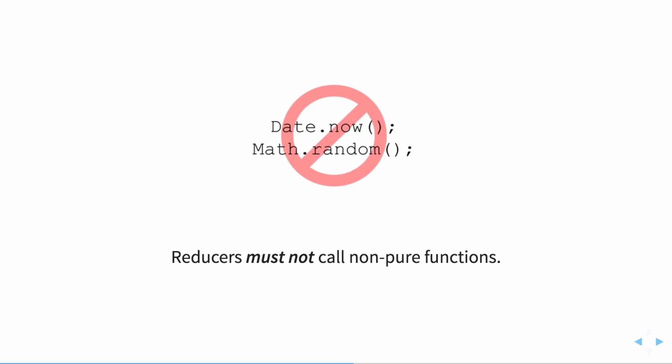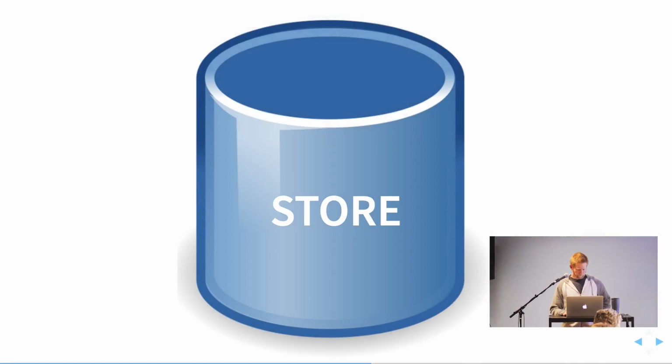But it's important because, again, the purpose of using this architecture is predictability, and side effects are unpredictable. So we keep all of our side effects outside of the reducers, and we'll come back to that a little bit later.